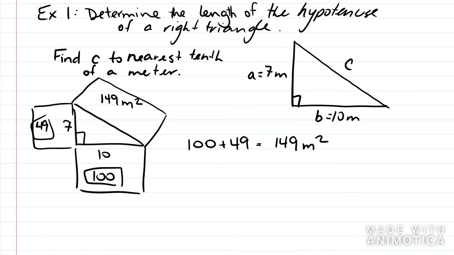We're looking for the length of the side. We did C squared. What's the opposite of squared? Square root. So we need to find the square root of 149. You could estimate it, or you could use your calculator. And the square root of 149 is going to be 12.2 meters.